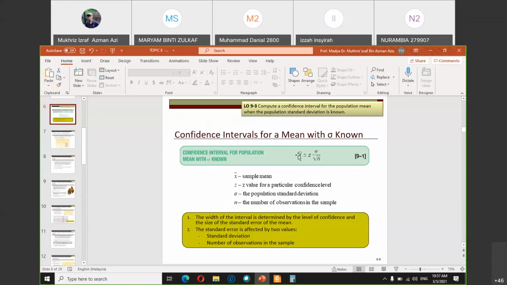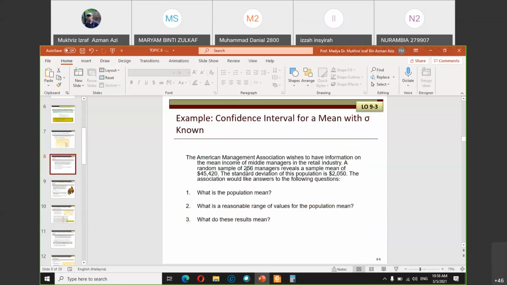What is the X bar? What is the standard deviation of the population? What is the sample size? And then for Z, you need to know the desired level of confidence. If 95%, the value will be 1.96. If 90%, just now we know that it will be 1.64. For other values, you can refer to the table.